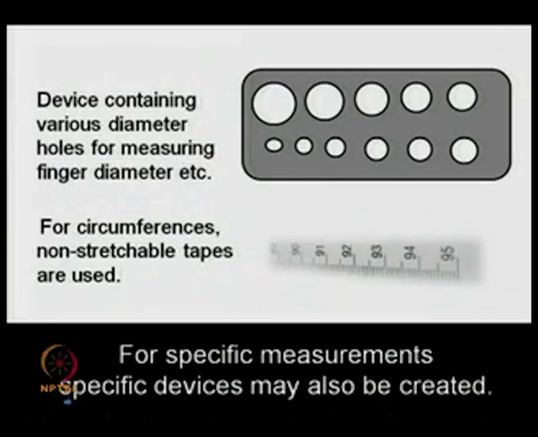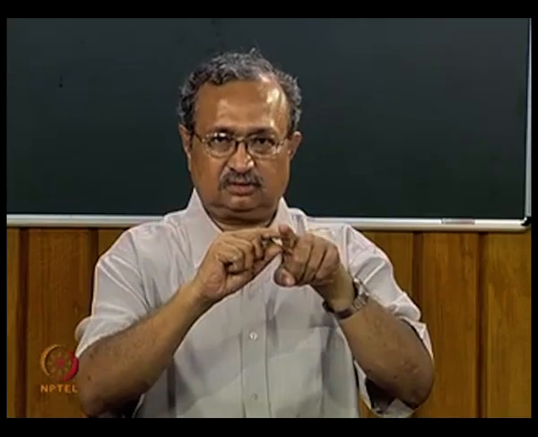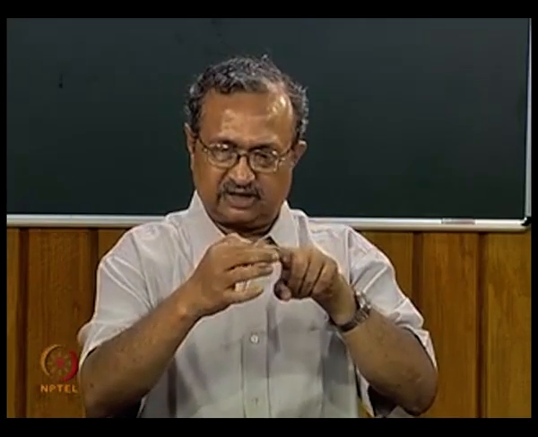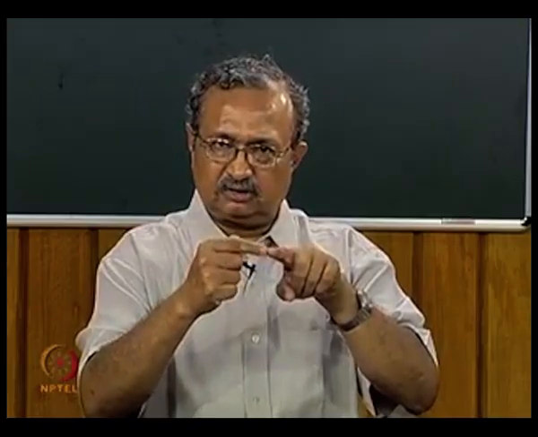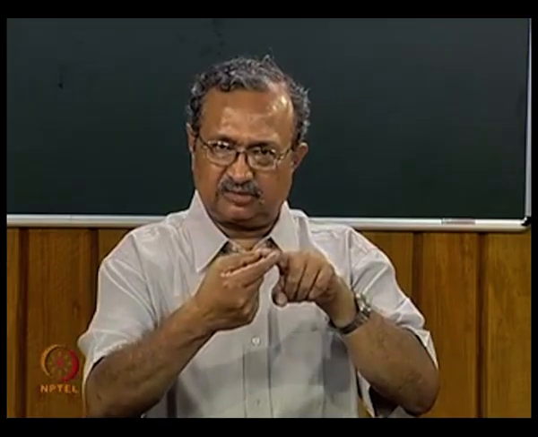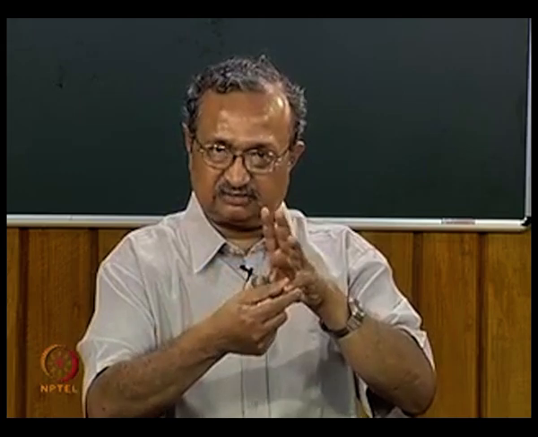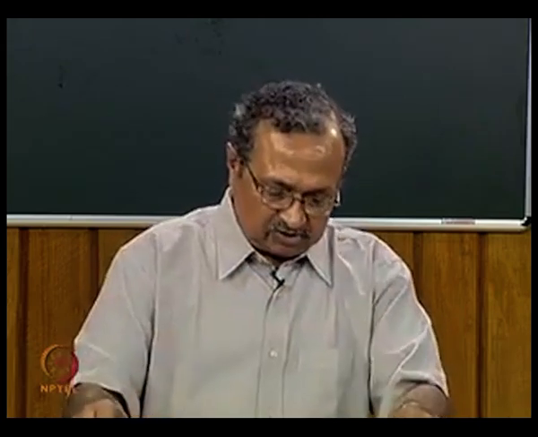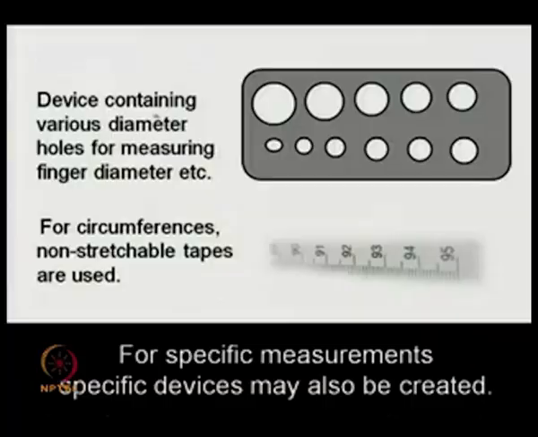Now, for some other purposes, like if I want to know the different sizes, the measurements of circumferences, depths and breadths of fingers, a device containing various diameter holes for measuring finger diameter etcetera is also used.